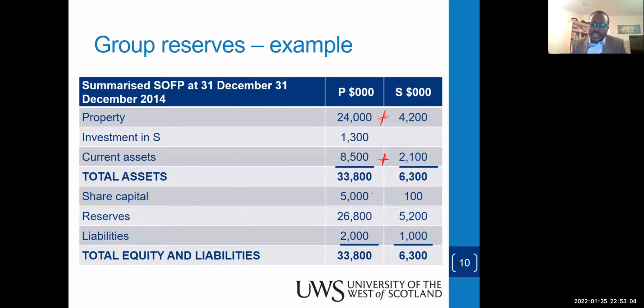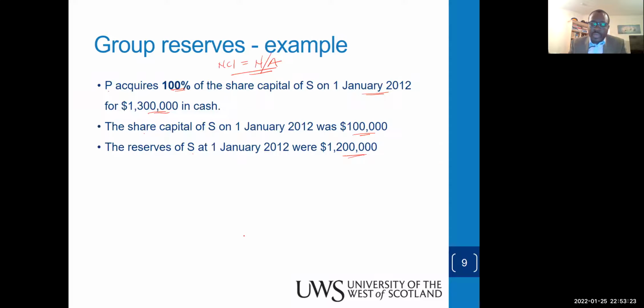Share capital, we know that we'll only be interested in this one. The reserves, we'll be interested in this, but here we need to consider the pre-acquisition portion and the post-acquisition portion. And then for the liabilities, we add both, okay, for now. But remember they said we acquired it at 1.3.